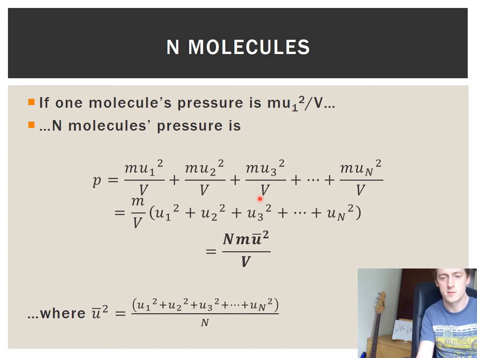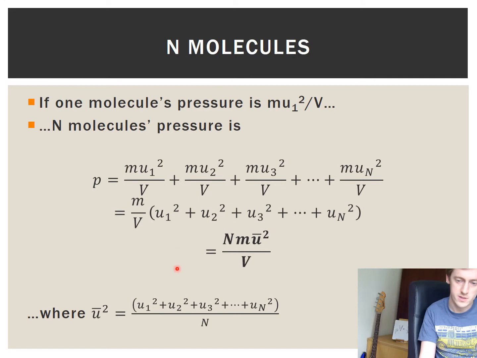So I'll have mu1 squared over V plus mu2 squared over V plus mu3 squared over V, etc., all the way up to n particles. I can take the m over V out of that, and then that just becomes the sum of the squares of those velocities.